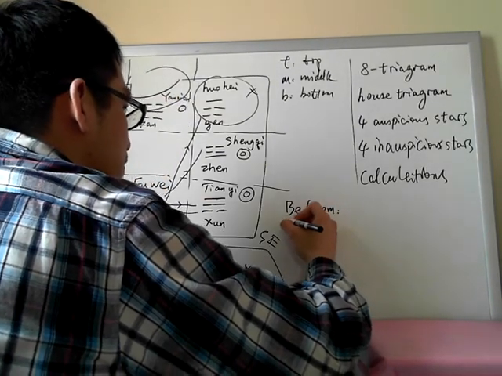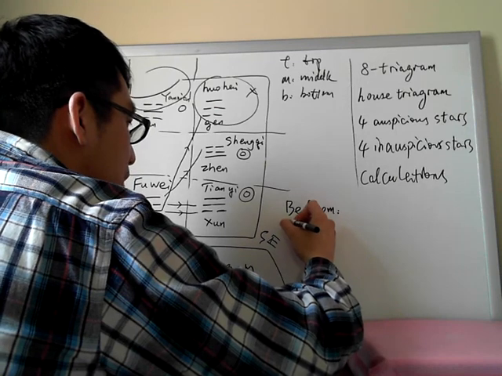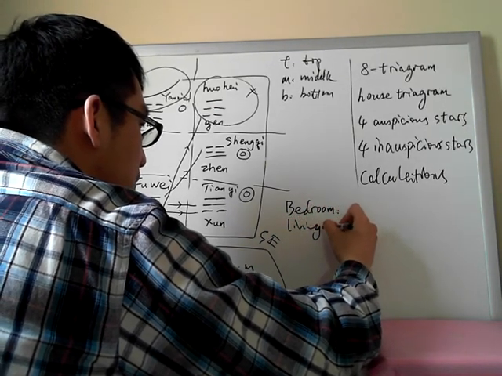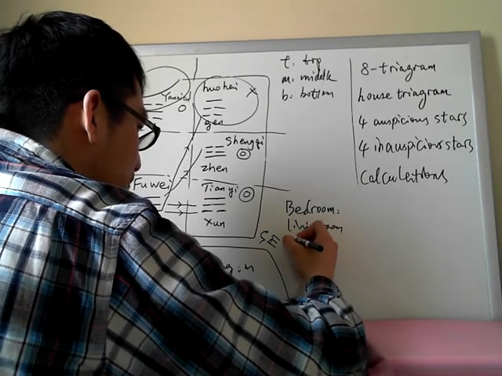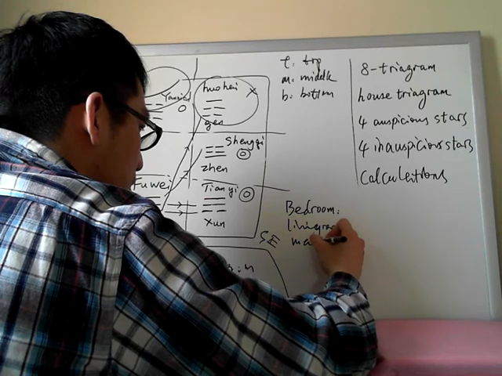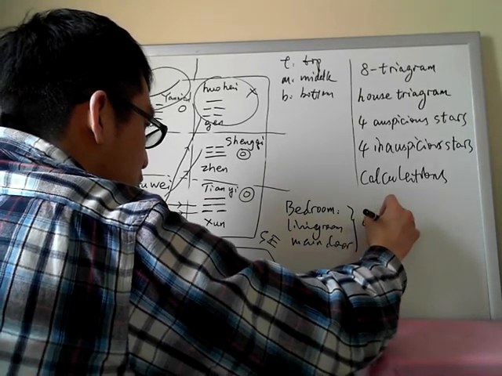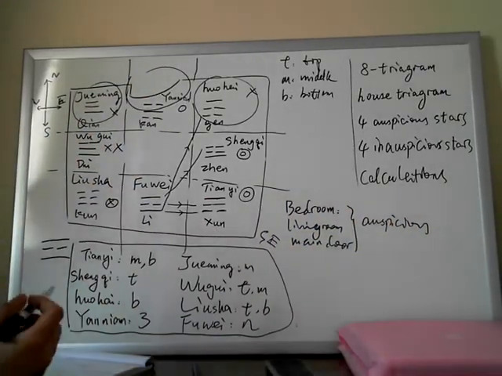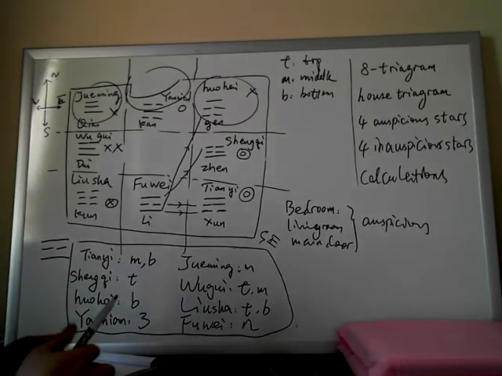The bedroom, the living room if you spend lots of time in it, and the main door, with auspicious stars. That's really good. For other places, it doesn't matter.